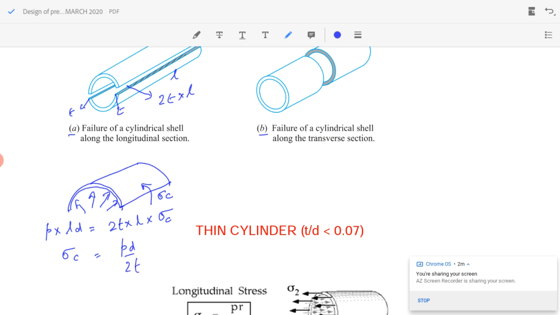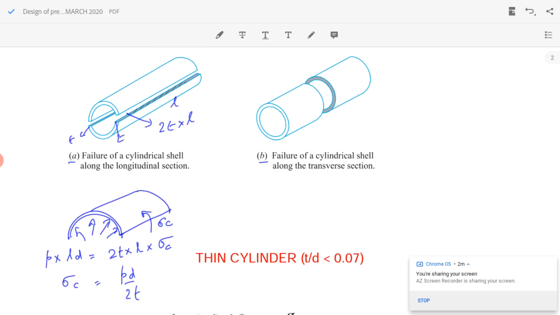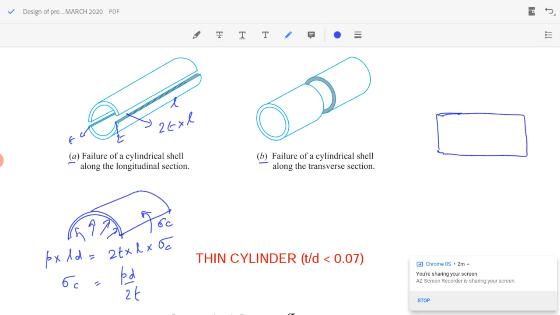When we consider the failure along the transverse direction as in figure B, the pressure is acting on the end side. So this is our pressure vessel. If we take the front view, the pressure is acting here. On the side view it is a circle of diameter D. So pressure P into the area of this circle, which is pi by 4 D square, is resisted by this shaded area.